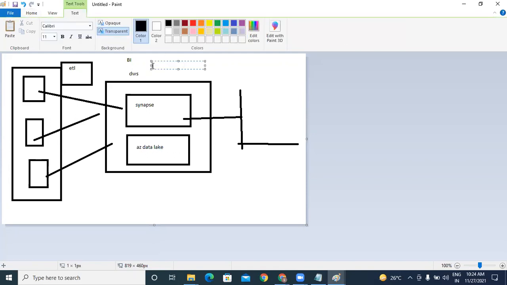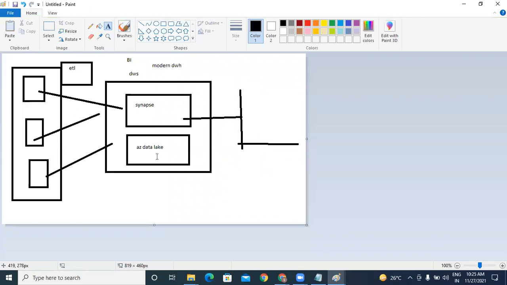This thing I am calling the modern data warehouse. In the case of the modern data warehouse, especially in Azure, I have two weapons. One is Synapse. If my data is structured, I will keep all my structured things in Synapse. Other than structured, or little structured, everything I will keep in Delta Lake.